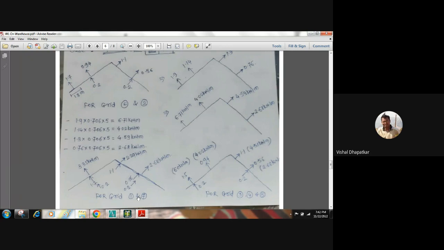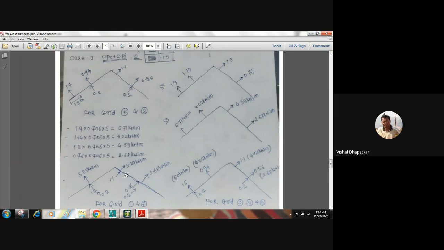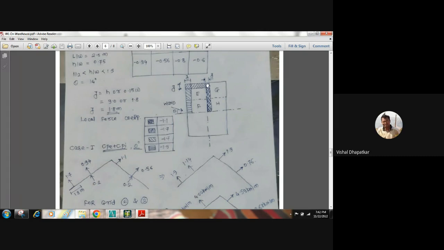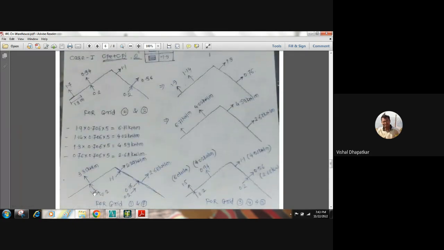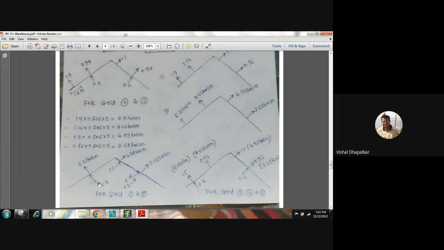Now for grid 1 and 7, similarly, grid 1 falling here and 7 here. So for first half of the truss, we have all as a local force coefficient, that is 1.7. So we have force coefficient of 1.7 plus 0.2 is our internal pressure coefficient. So total will be 1.9 and total force acting is 3.35.